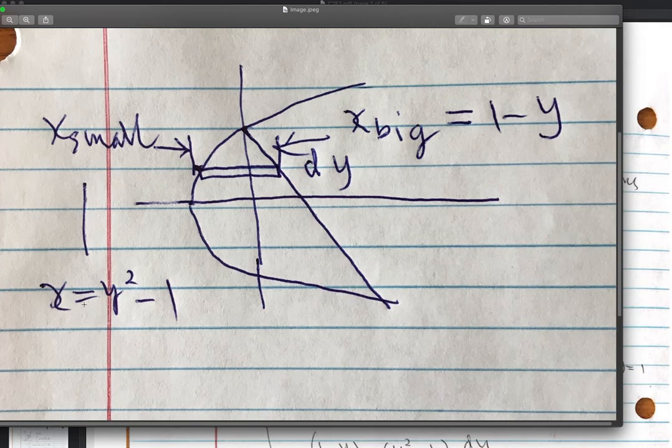To solve for x, I got x equals y squared minus 1. Look at the same horizontal line. This is the small x coordinate. And then the length of the line segment here would just be x big minus x small: 1 minus y minus parentheses y squared minus 1, then times dy.